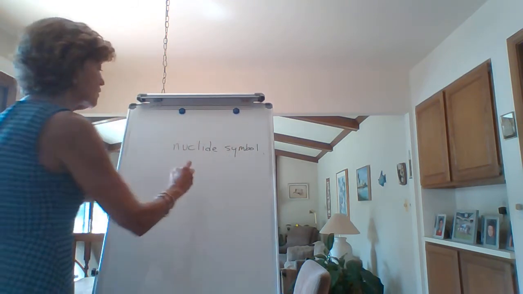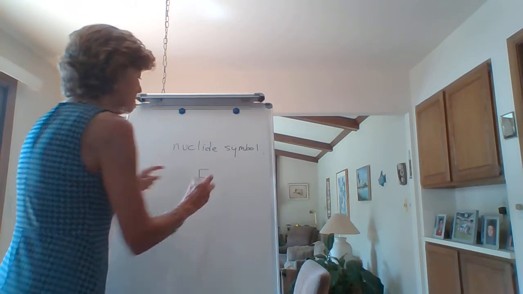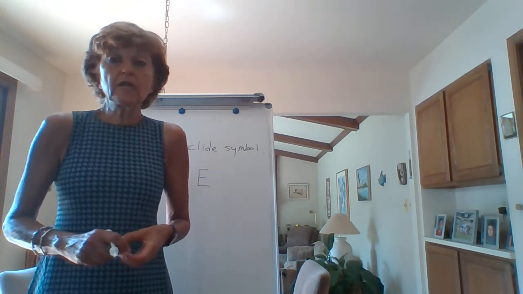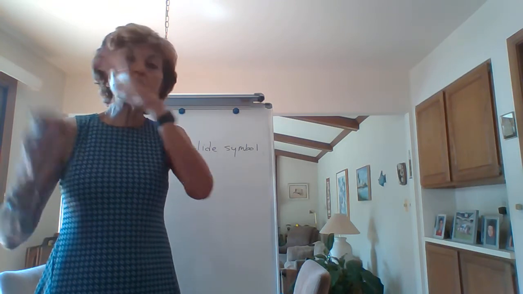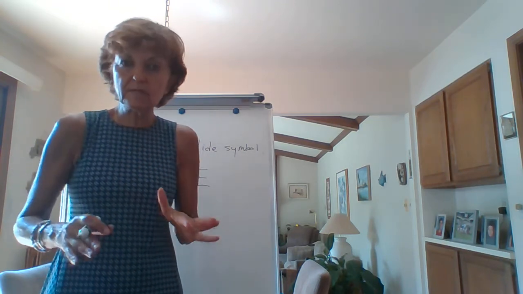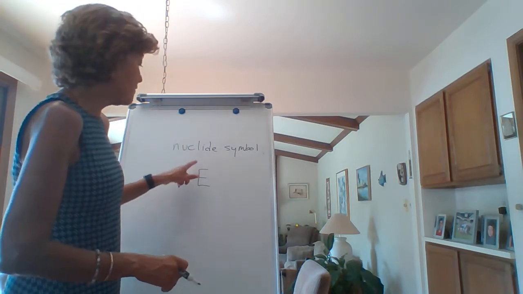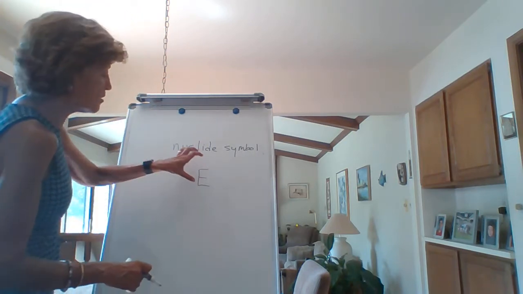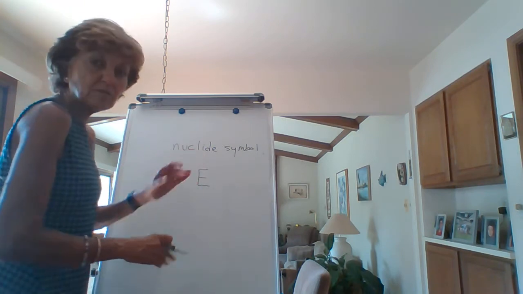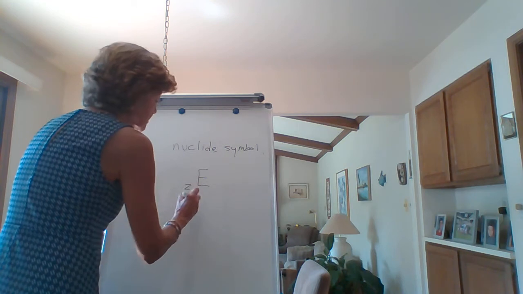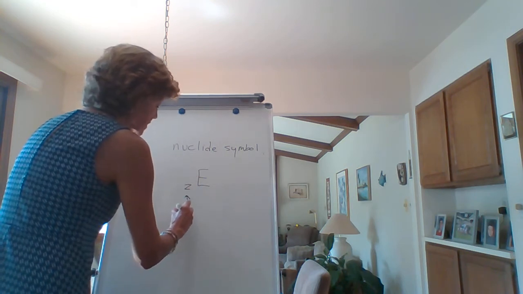All right. So the Nuclide symbol has the atomic symbol. Now, hopefully you guys have been studying all of the elements that I gave you, and you already know the key elements that you should know for this semester. So they put the atomic symbol here, and I'm just going to represent it as an E. And then the Z number down here, that's called the atomic number.